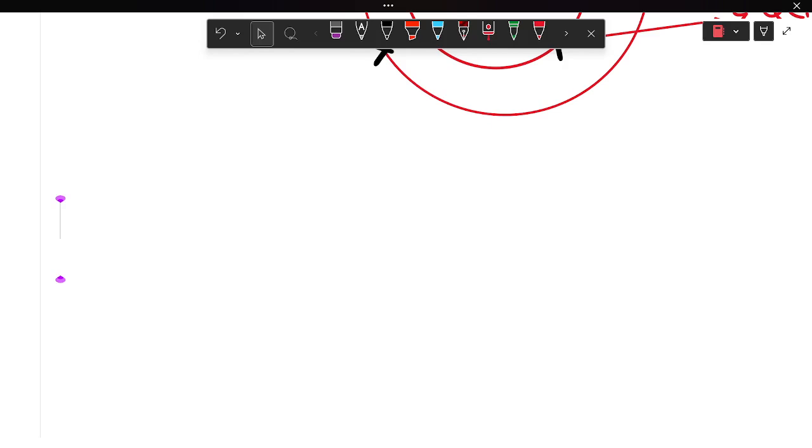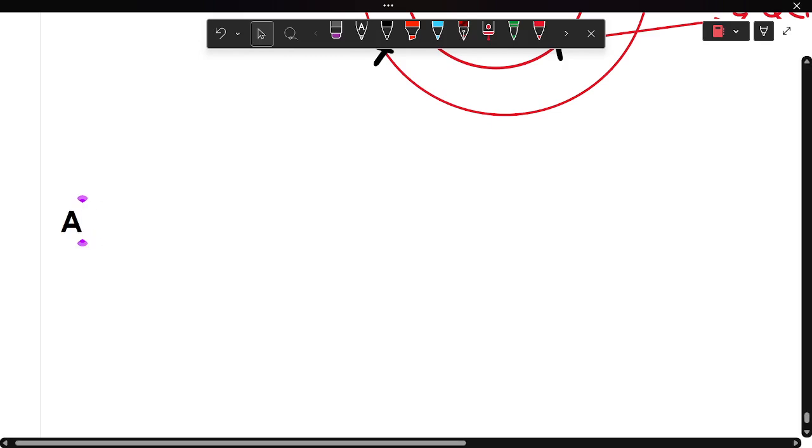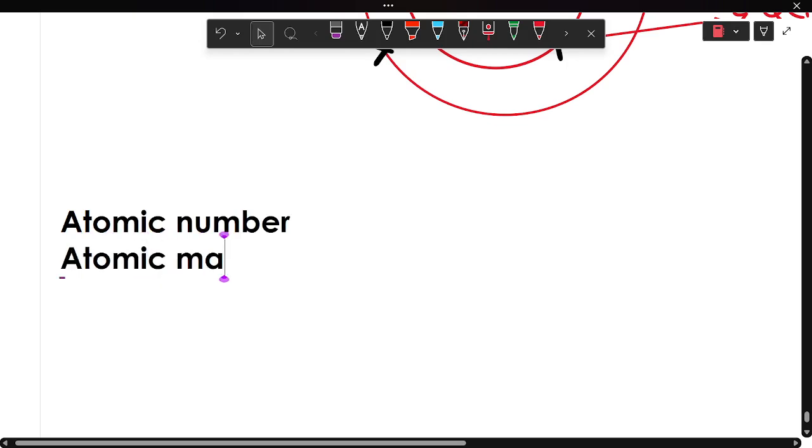Perfect. So a periodic table is just a table that shows the arrangement of these elements in order of their numbers. So you talked about atomic number, right? Yes. And you also talked about atomic mass, right? Let us just remind ourselves. What is atomic number? It's a number of what?